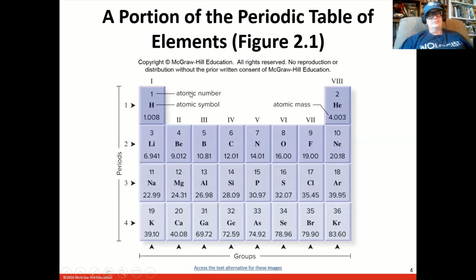The atomic number, we just explained, is the number of protons. The atomic symbol is the abbreviation we use in chemistry to talk about this type of element. Some of these are pretty straightforward, like H for hydrogen or Li for lithium.